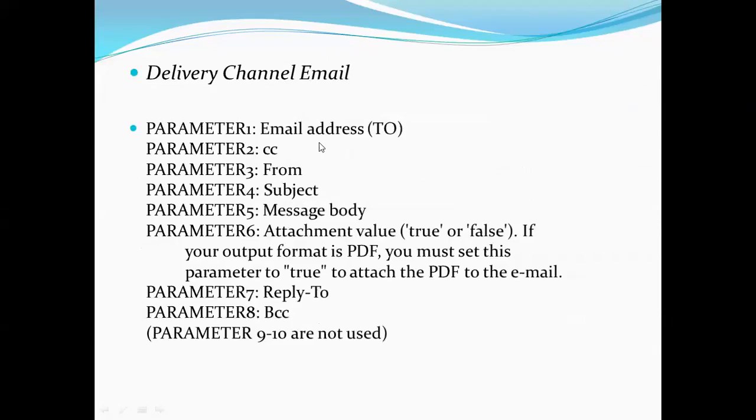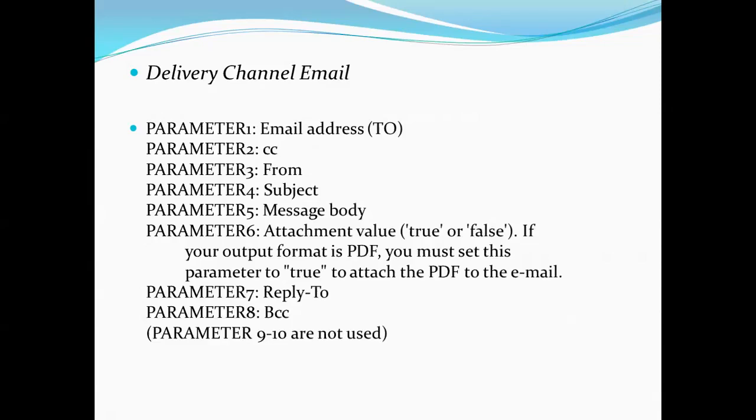This is the delivery channel email. When you set the delivery channel as email, all these delivery channels are driven with the help of the parameter concept. Parameter 1 to 10 will come into the picture. When you use any delivery channel, these parameters 1 to 10 change according to your delivery channel.